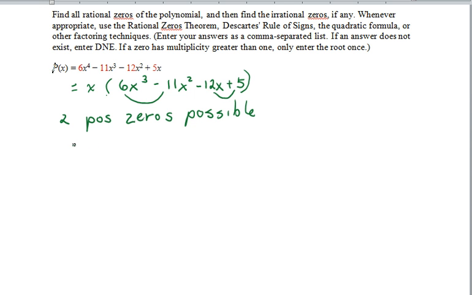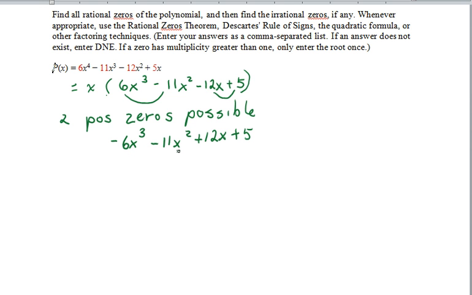If we replace the x by the opposite of x in each of these, we would get minus 6x cubed minus 11x squared plus 12x plus 5.